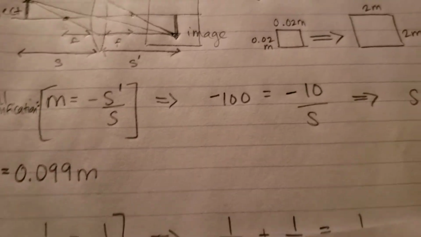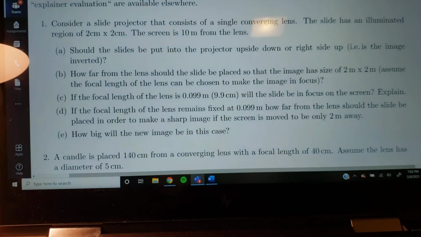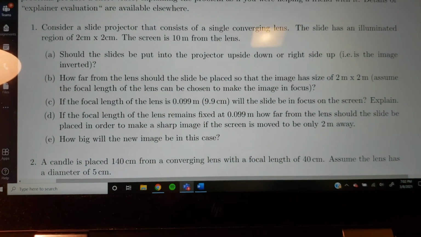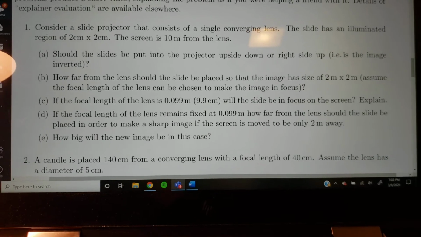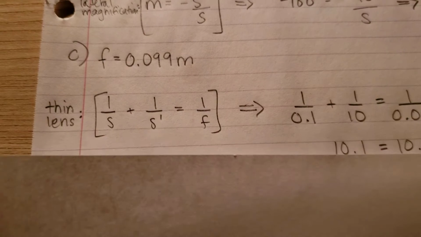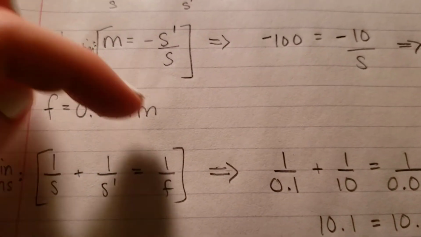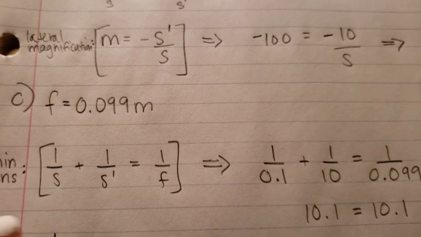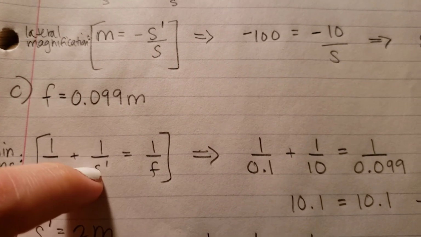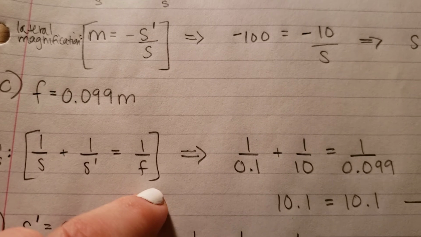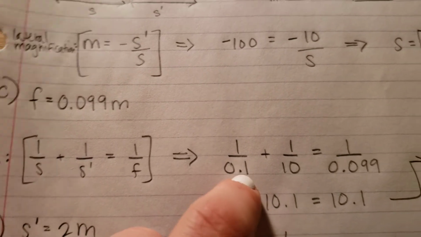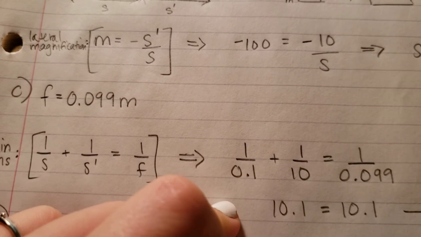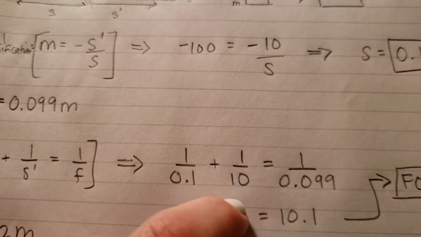And then for part C, they want to know if the focal length of the lens is 0.099 meters, will the slide be in focus on the screen? So for this one here, F is going to be equal to 0.099, like they said. And then for this one, we can use our thin lens equation, which is 1 over S plus 1 over S prime is equal to 1 over F. And again, we can just plug in the numbers that we have and see if those are equal to each other.